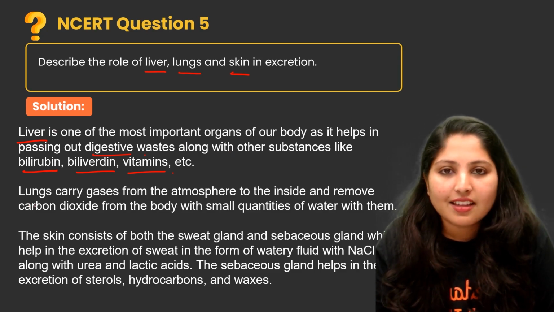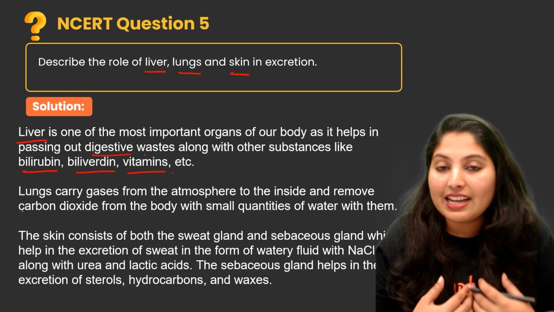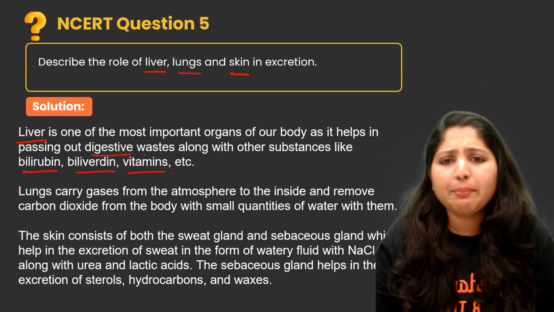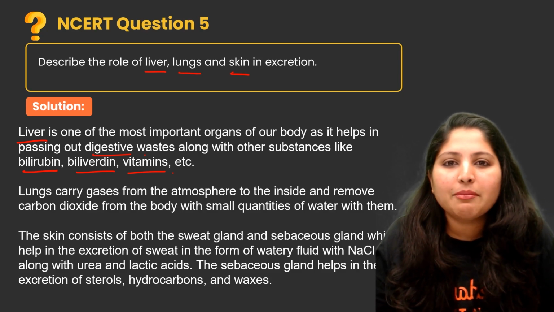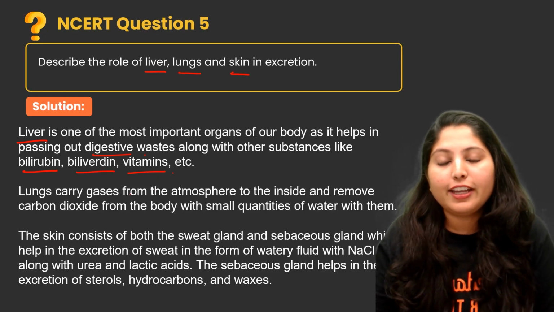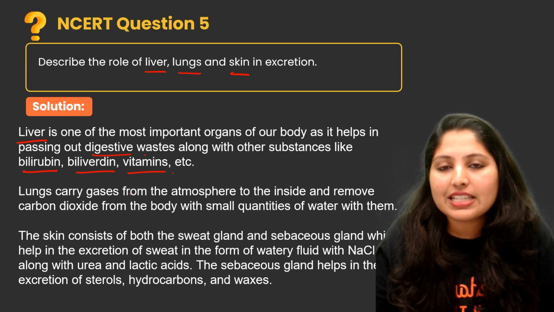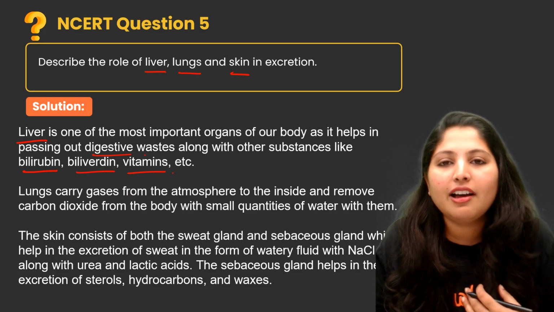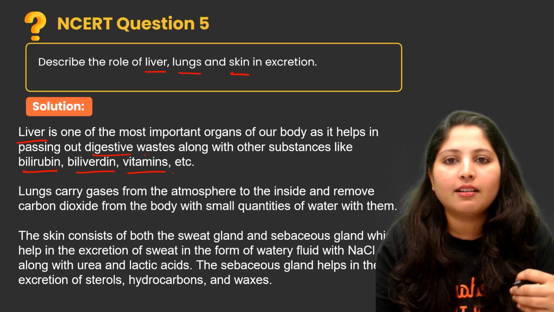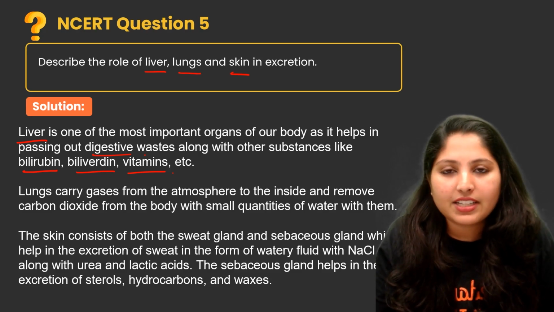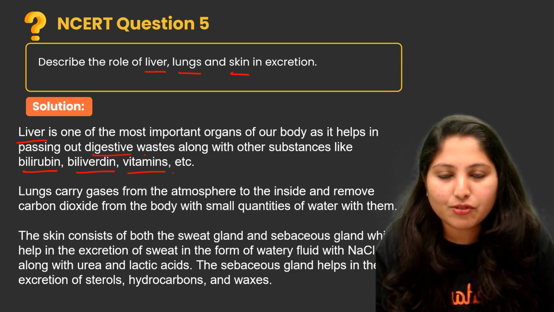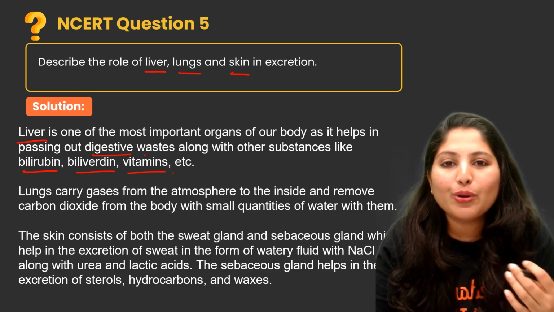Next one is the lungs. You know what our lungs help with, right? We breathe in atmospheric air containing oxygen. That oxygen is very much necessary for any kind of activity. We need oxygen to produce ATP.